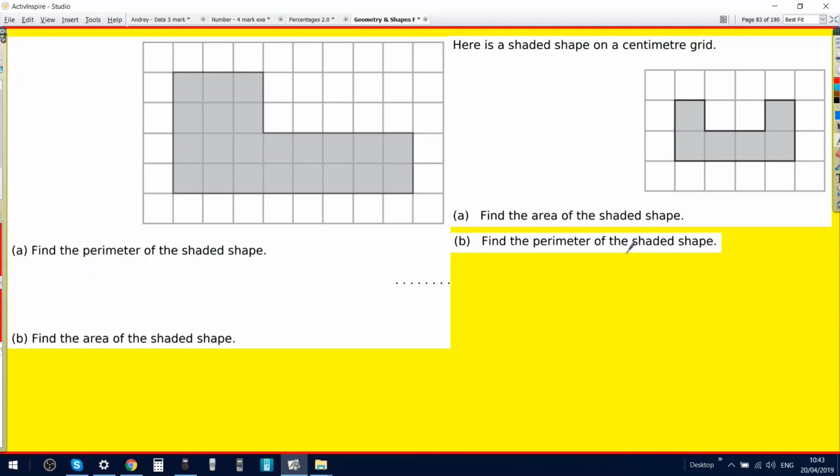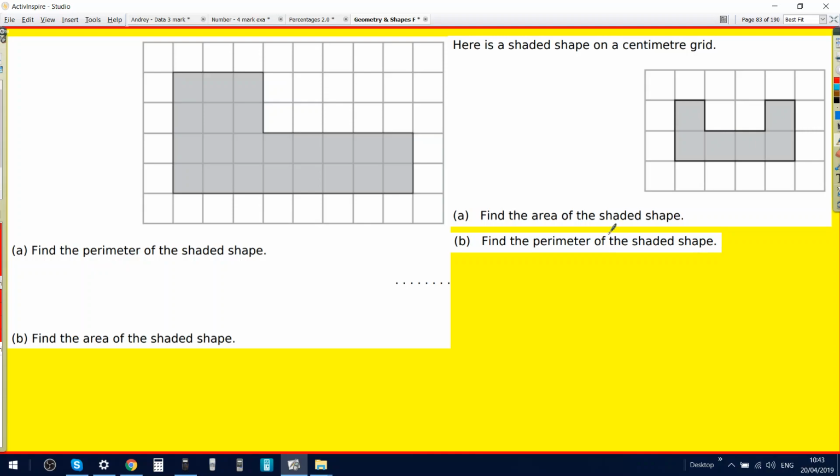So its length is 1, 2, 3, 4, and its height is 2. So is it 4? So is it A, the area? Well, it's got a bit cut out of it. It would be 4 by 2, but it's got a bit cut out of it.